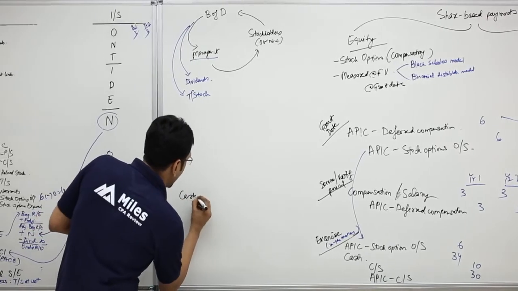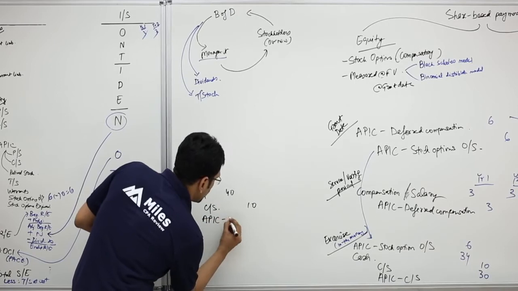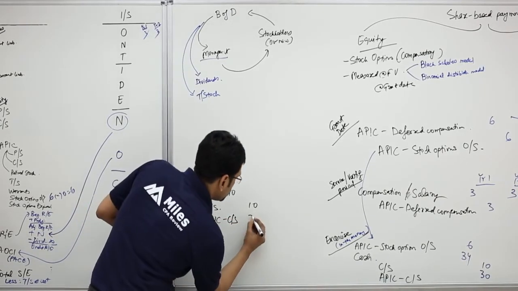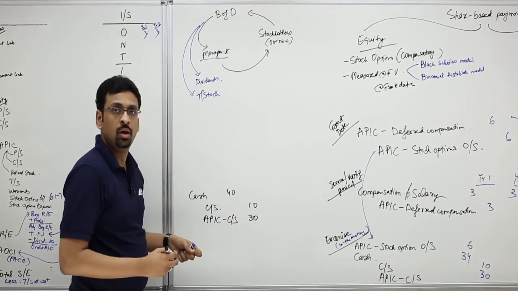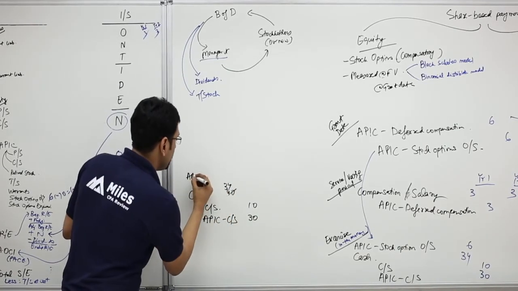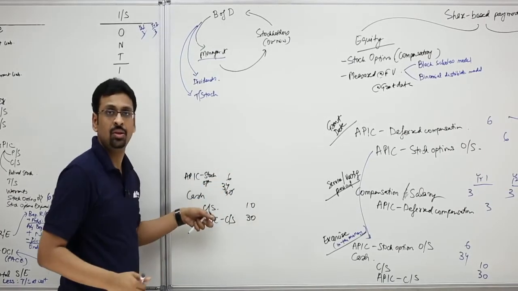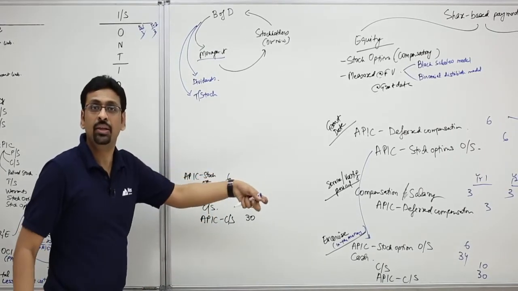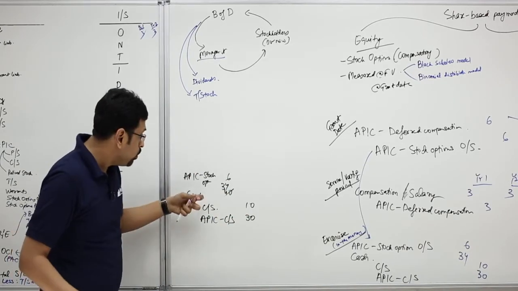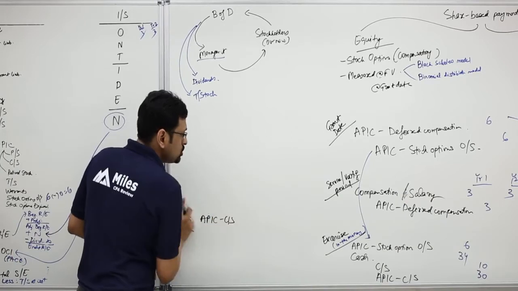So that would have been cash 40, common stock 10, APIC common stock 30. But now in this case, cash coming in is only 34. There's some APIC stock options outstanding 6. So that's exactly what's happening there. So we already know issuance for cash. Now we are looking at exercise of the stock option.